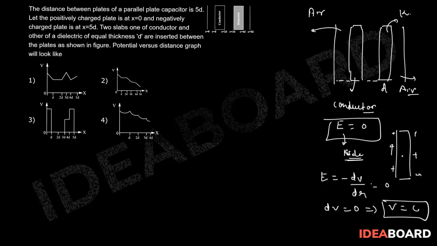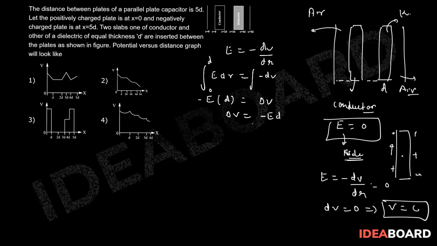Now suppose for air, E is equal to minus dV by dr, then dV will be minus E into dr. Integrating both sides, the potential drop delta V is going to be minus E into dr, with limits 0 to d. So delta V is equal to minus E into d.